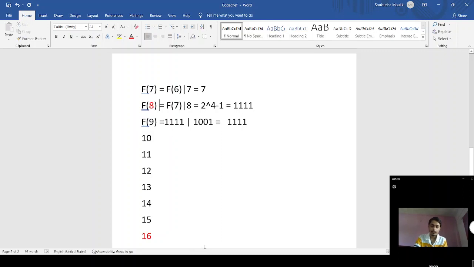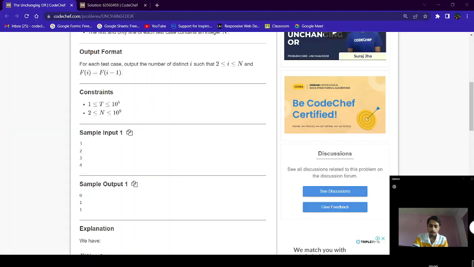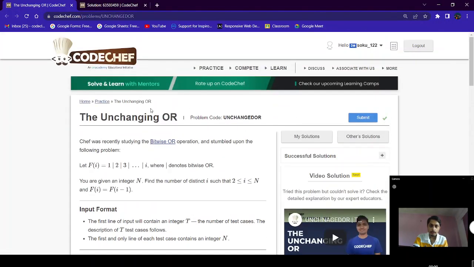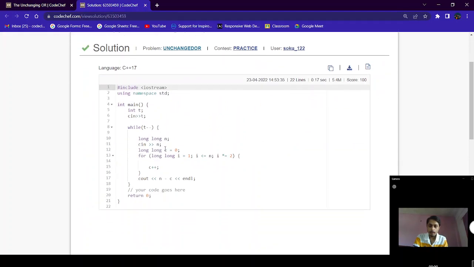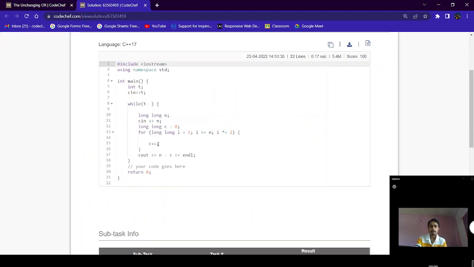So with this intuition, let me go to the solution. What I have done, I have taken this n, which is the final index up to which we have to perform that function, that is 1 or 2 or 3 up to n. I have taken a count c.